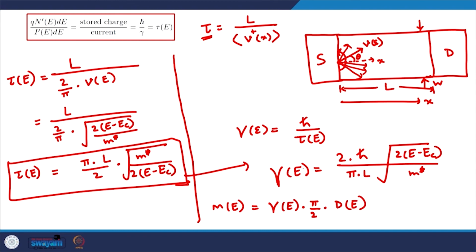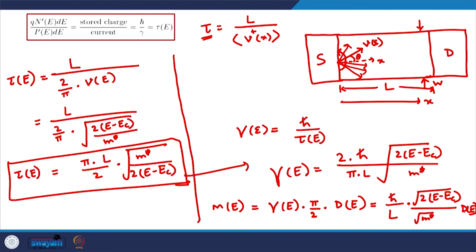So, if we put this value of gamma e here, this pi by 2 will cancel the 2 by pi, and it will just be h bar by L times square root of 2 E minus Ec divided by square root of m star times d e.